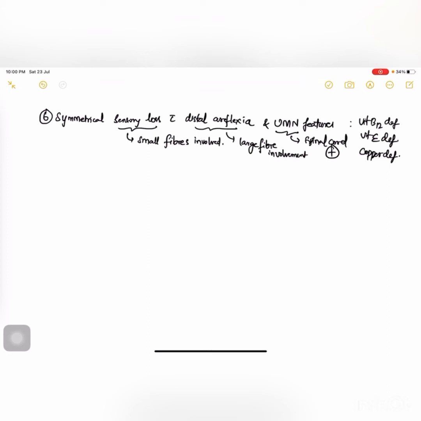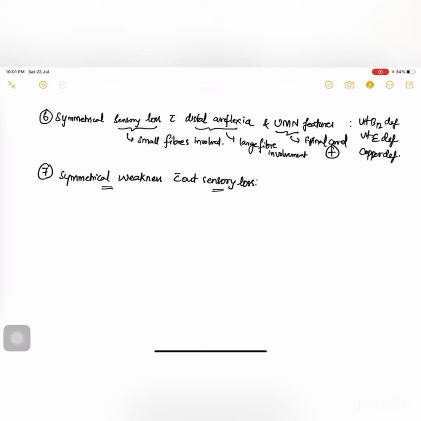Now the seventh pattern is symmetrical weakness without sensory loss. That means the weakness is symmetrical but there is no sensory loss. Here it is pure motor involvement without involving the sensory part.